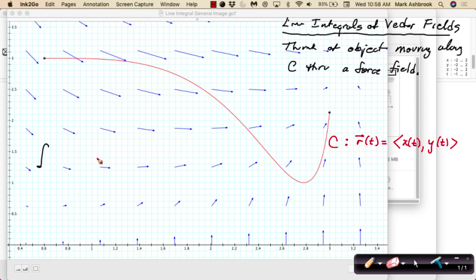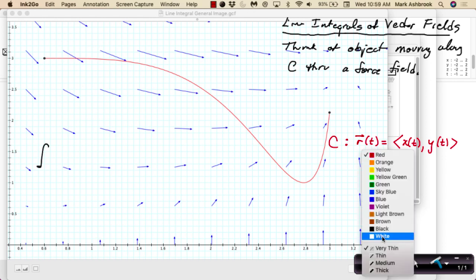So we think about integrals as accumulation. It's like we're accumulating components of these vectors along the path. We're not going to accumulate force, so what are we going to accumulate? Let's see this here.